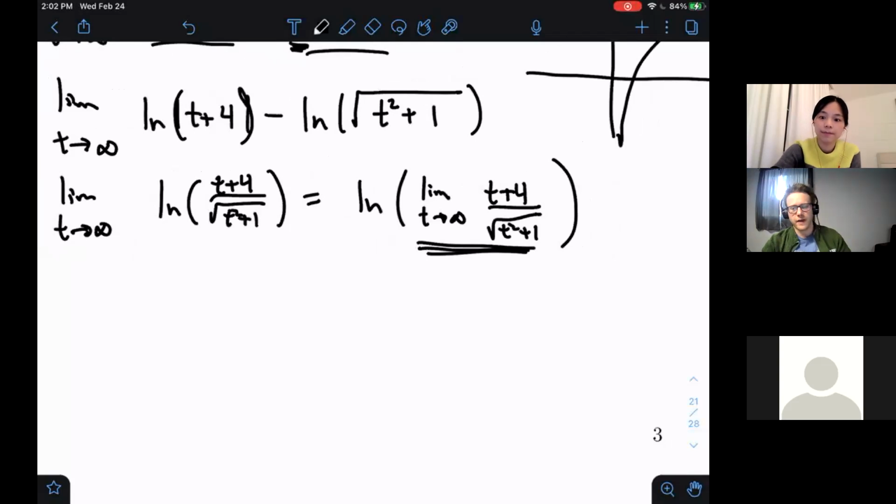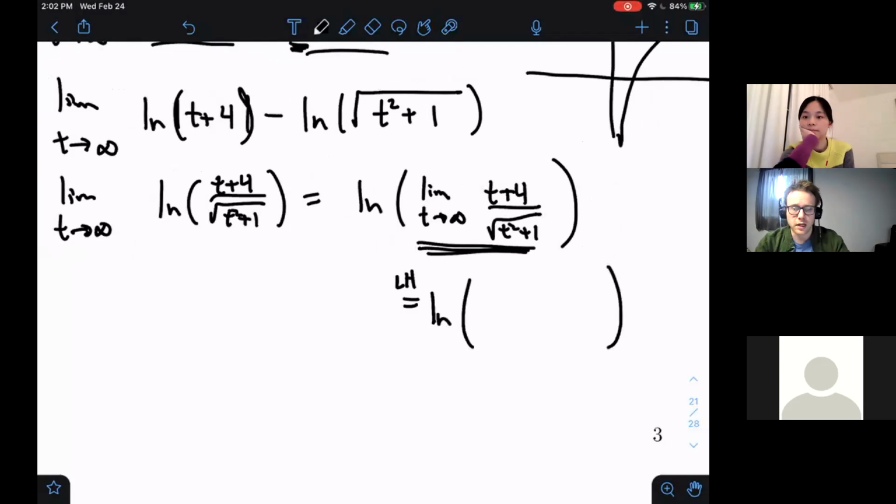Let's evaluate this using L'Hopital's rule on just the inside bit. We're still going to have the natural log on the outside, and we'll take the result and plug it in here. If I apply L'Hopital's rule, I need to take the derivative of the top, which is just 1.